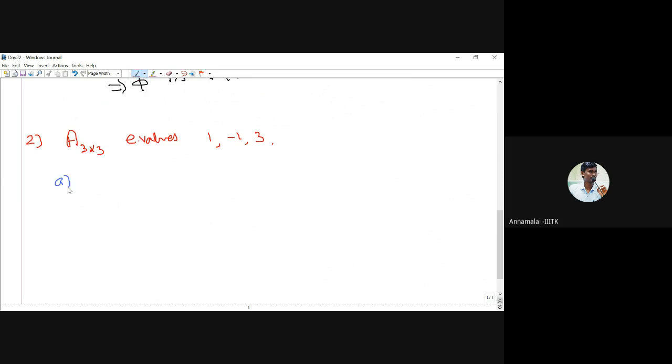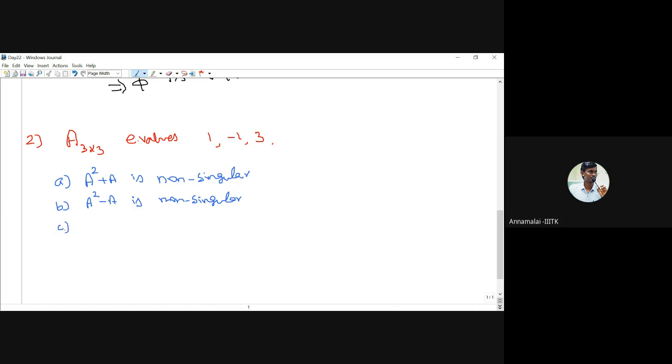First option: A square plus A is non-singular. Non-singular means it is an invertible matrix. The second option: A square minus A is non-singular. So we have to find the eigenvalues of A square plus A and A square minus A, and take the product.